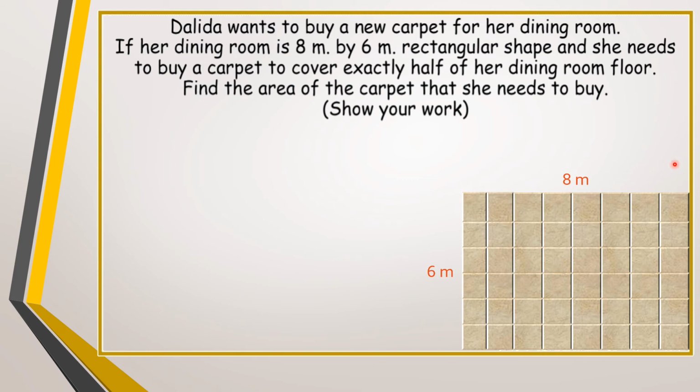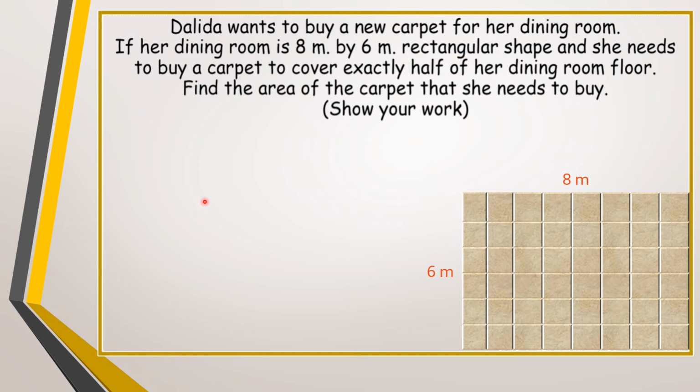So first, I want to find the area of the carpet. Before I find the area of the carpet, I must know the area of the floor first. So let's suppose that this is the floor of the dining room with 8 meters length and 6 meters width.